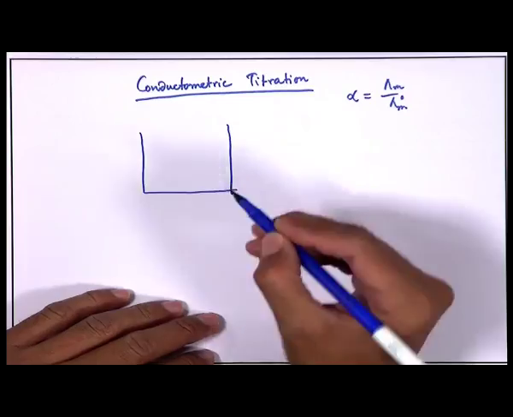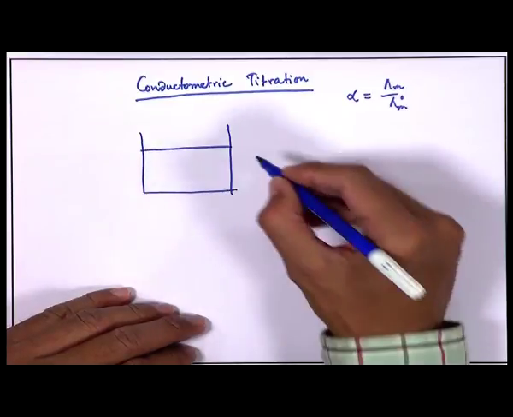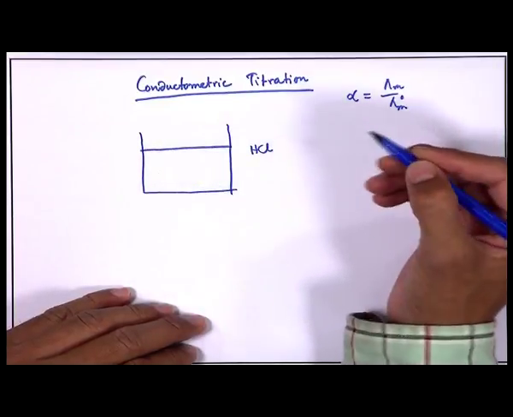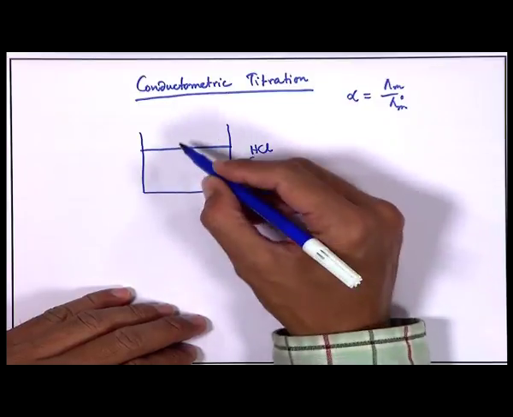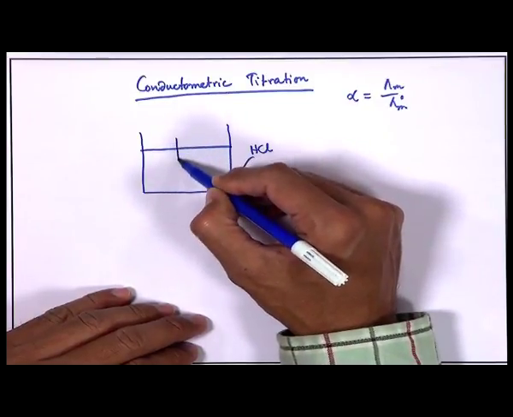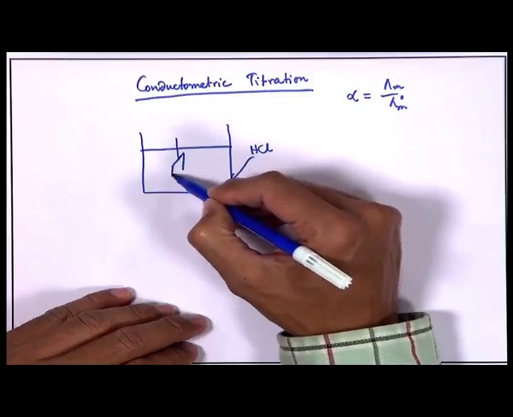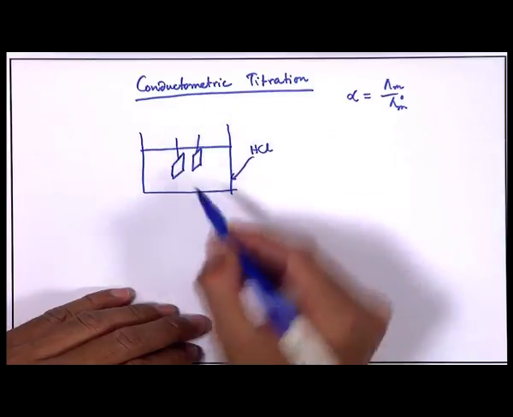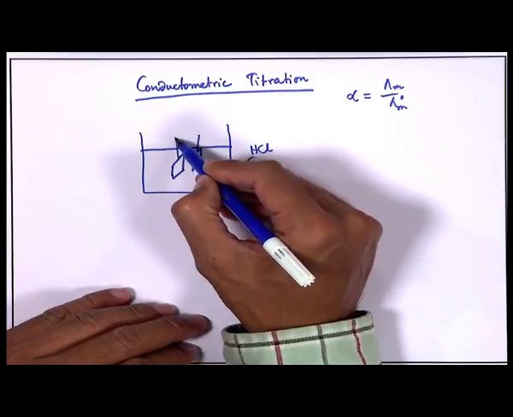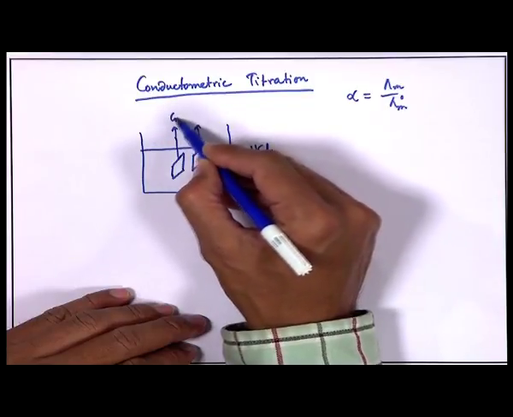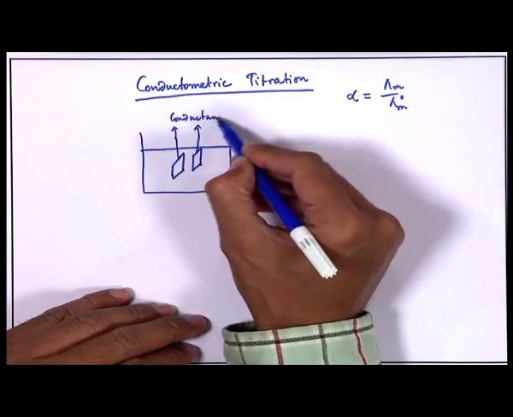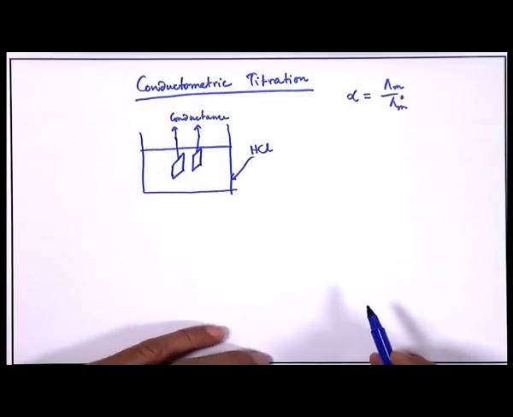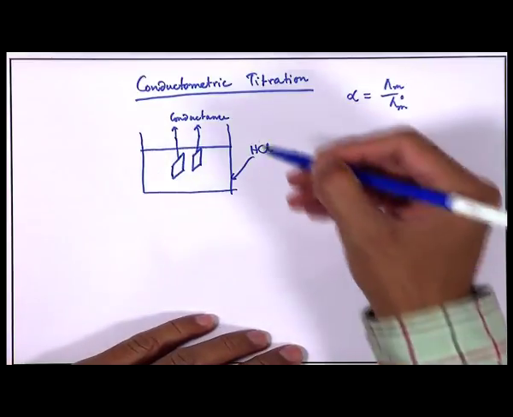Now, in conductometric titration, you have your beaker with an acid solution like HCl, and you dip a conductivity cell having 2 electrodes, whose cell constant is also known. Then you measure conductance as a function of added titer.